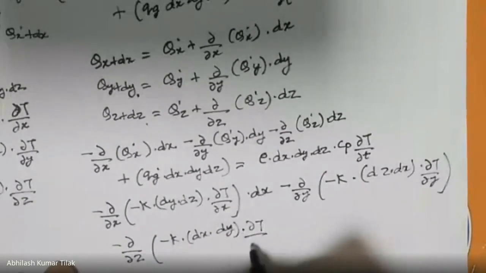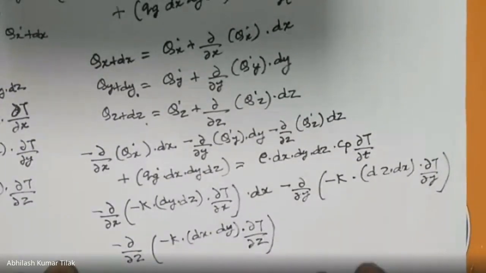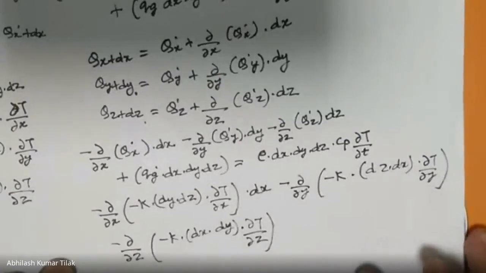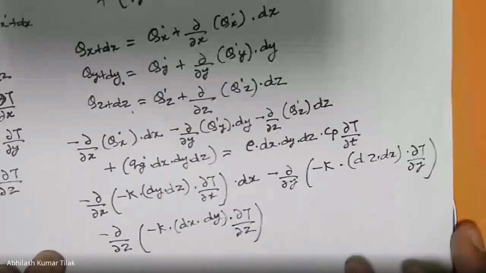So there will be a dou y and dou z also. Yeah, is anyone having any problem? Can you speak a little bit loudly? I'm not able to hear. So you have missed dou y and dou z in the last term, sir, in the second term, and also the third term.